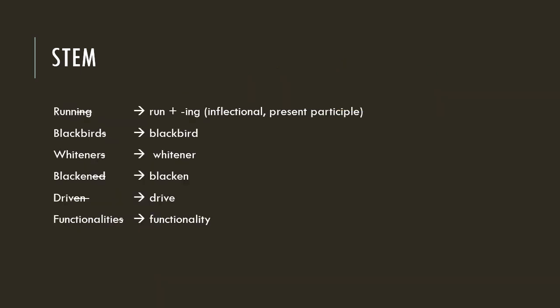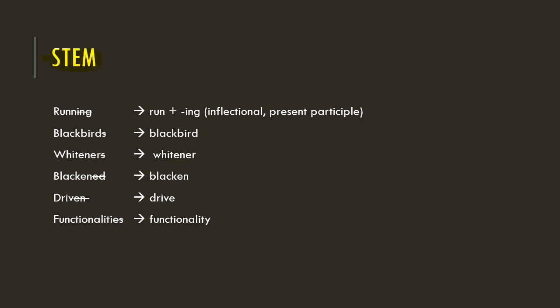Let's have a practice about the stem. I have several examples here. There are running, blackbirds, whiteners, blackened, driven, and functionalities. You need to keep in mind that if we are talking about stem, then what we need to do is to remove the inflectional affixes.